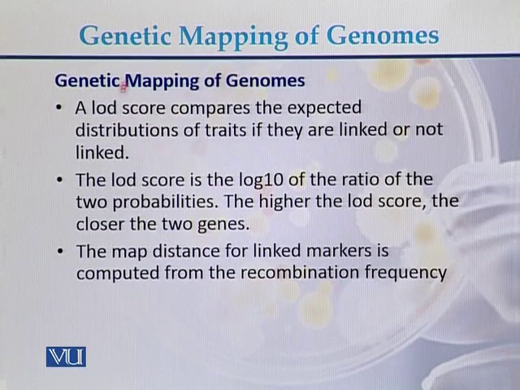A LOD score compares the expected distribution of traits if they are linked and if they are not linked. The LOD score is the log 10 of the ratio of two probabilities. The higher the LOD score, the closer the two genes. The map distance for linked markers is computed from the recombination frequency.